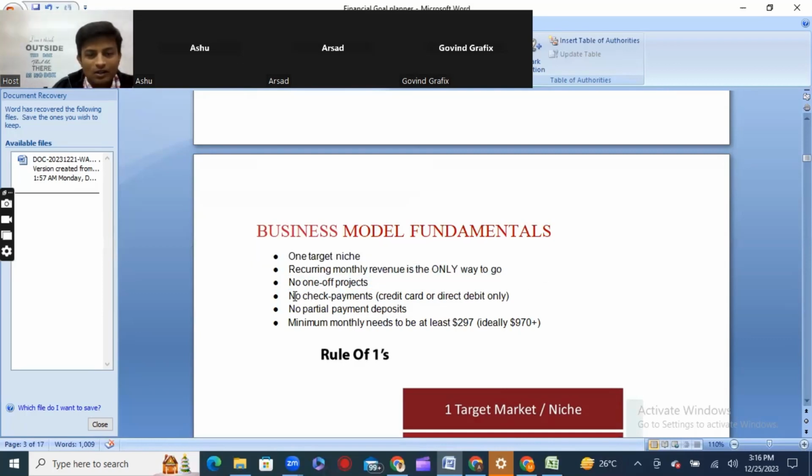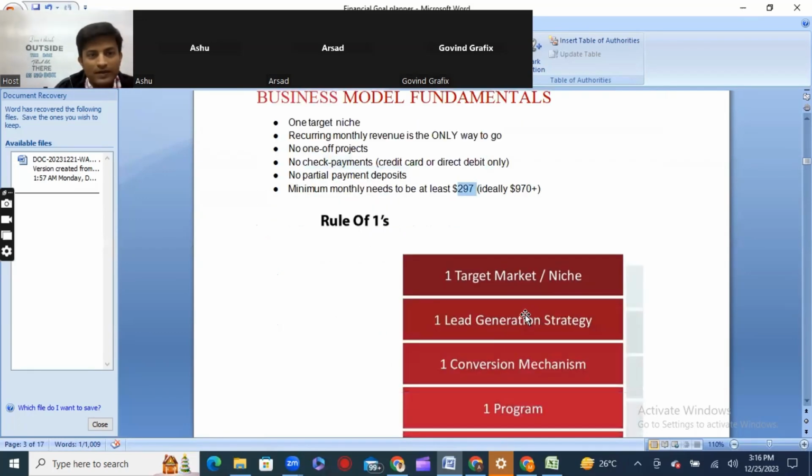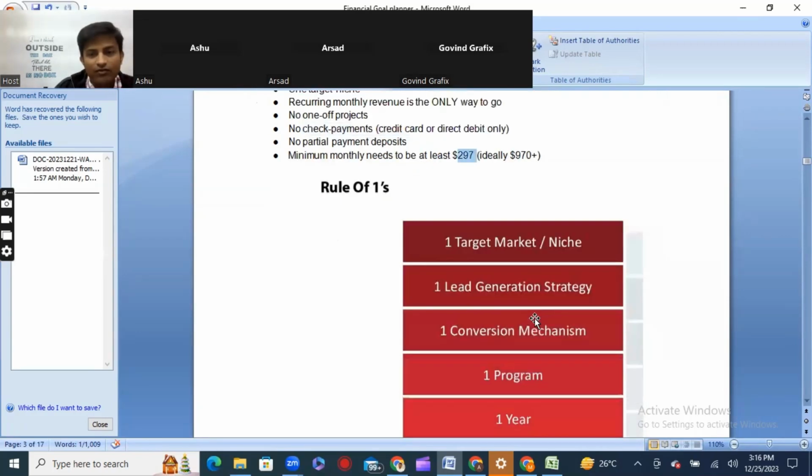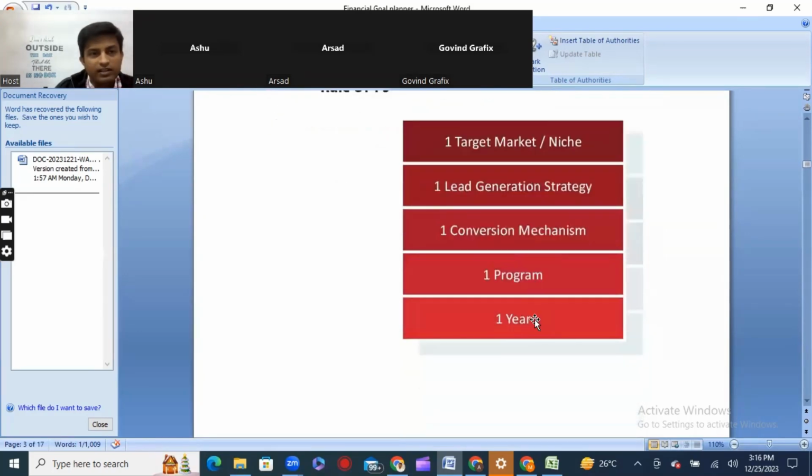So that's the model we will discuss. And no means no check payment, credit card, debit card, no partial payment. Our minimum price should be this much, ideally $970 plus, for foreign clients, but for Indian clients we can vary it. So this is the rule of one: one target niche, one lead generation strategy, one conversion mechanism, one program for 1 year.